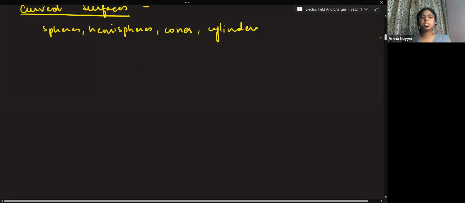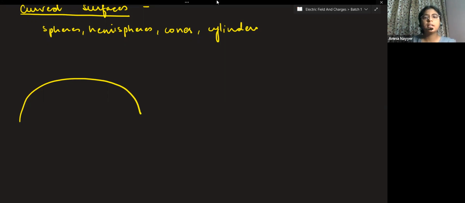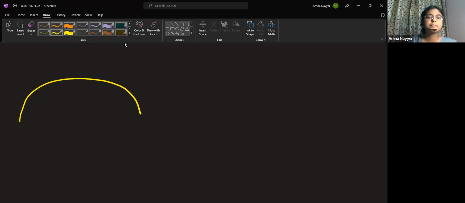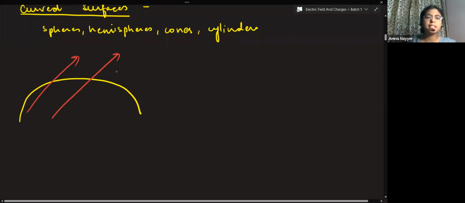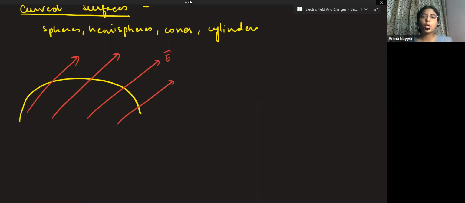So the first thing that will be the same is, let's say this is some part of a sphere and electric field lines are crossing this. Let's say some electric field lines are crossing it. So these electric field lines are not perpendicular to the surface. So what do we need to do?